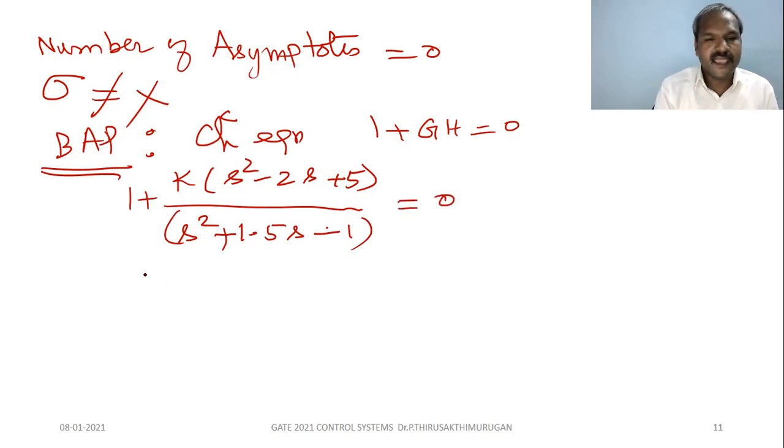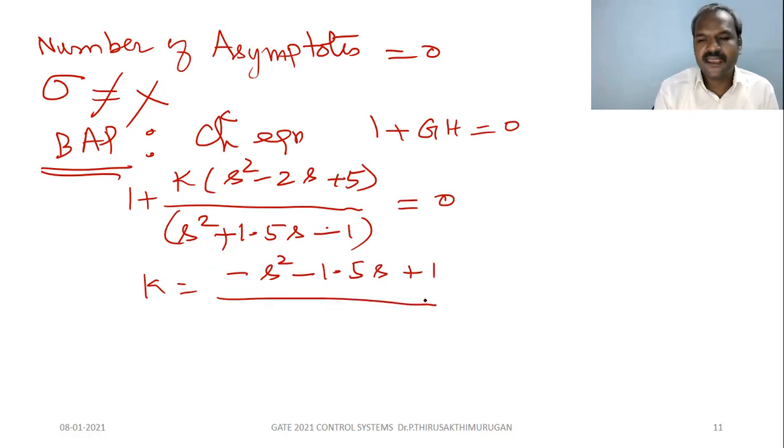So K equal to minus (s square plus 1.5s minus 1) divided by (s square minus 2s plus 5). So the breakaway point can be determined from dK by ds equal to 0.